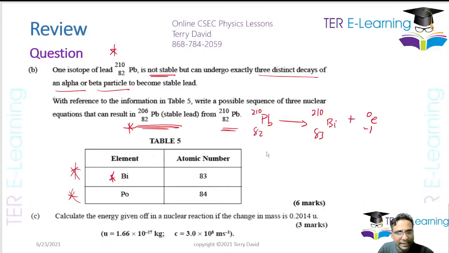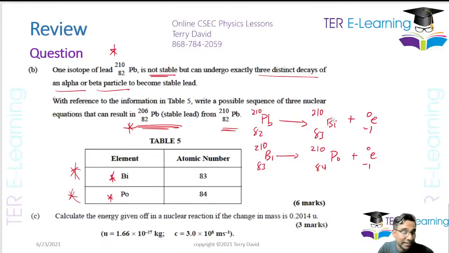The next thing, I can use another bismuth, which is 210, 83, and I'm going to decay again. Now, according to the table, I can get polonium, which is 84. So we can do something like this: 210, 84 here, and this is Po plus another beta particle, 0, -1, right?